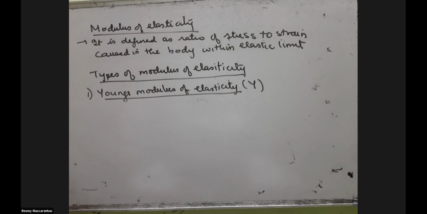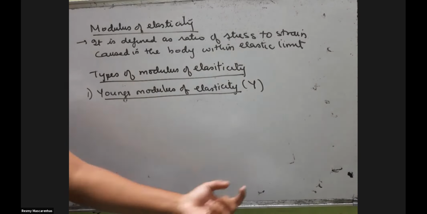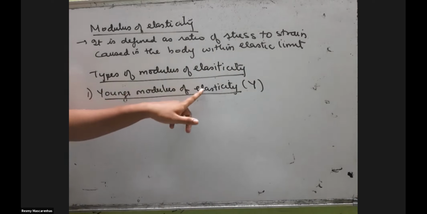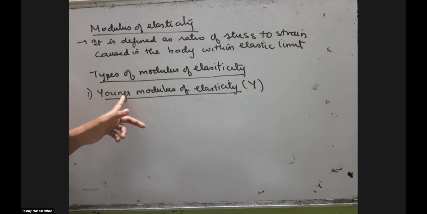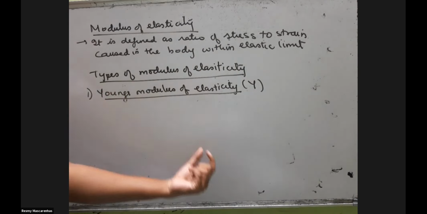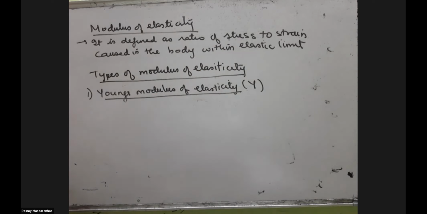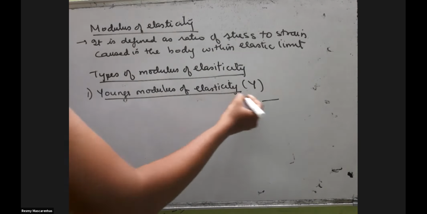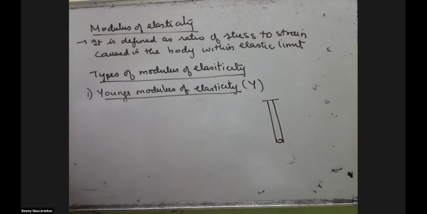One is the longitudinal, one is the volume, and one is the shear one. So whenever we are calculating stress and strain for a longitudinal one, the word used for the length one is Young's modulus. So this is basically related to the length one, the first one.